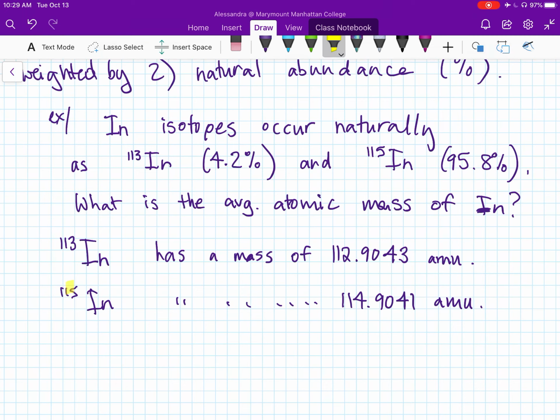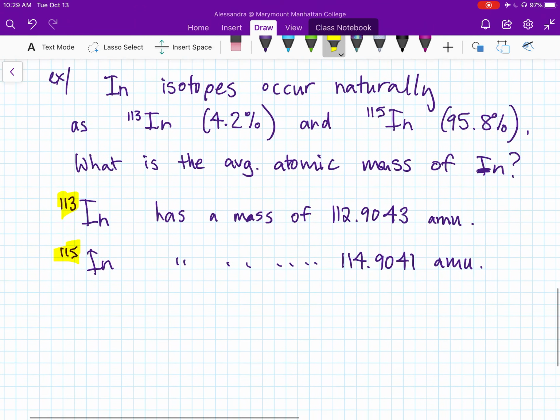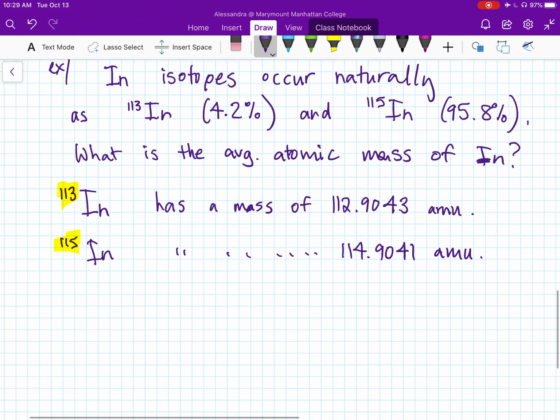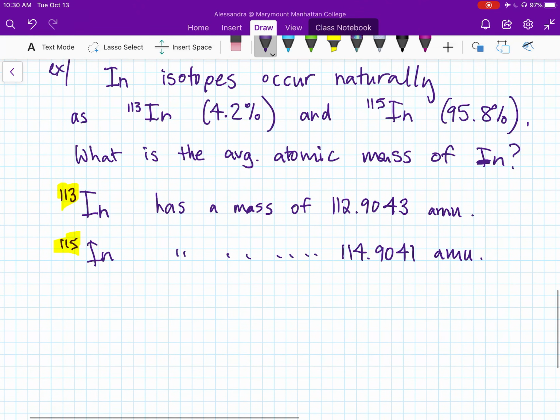So the masses are never quite equal to the whole numbers because of small differences in the mass of elementary particles, and that becomes kind of exaggerated with heavy elements like indium.